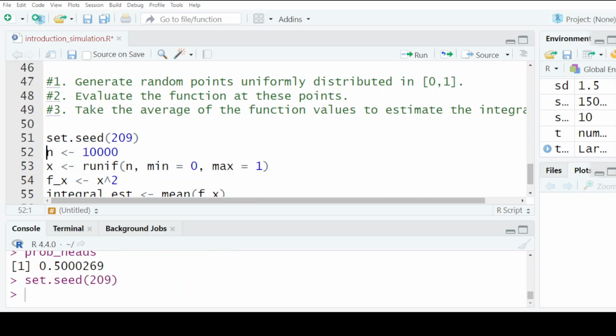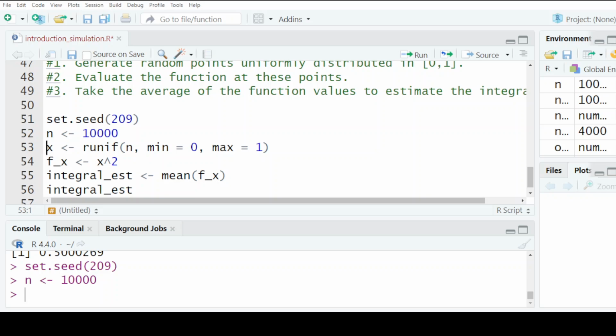So how do we go about it? I've set n to be 10,000. runif is used for the uniform distribution. I want it to give me 10,000 values that lie between 0 and 1. Then I define my f of x to be x squared. So the integral estimate is the mean of f of x.